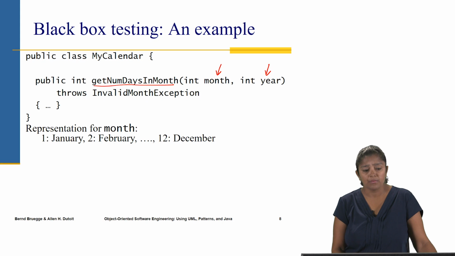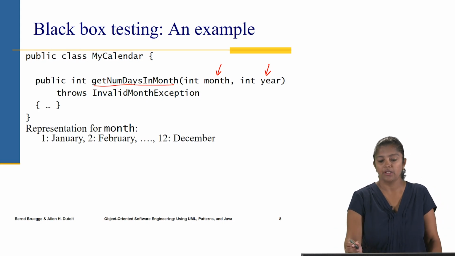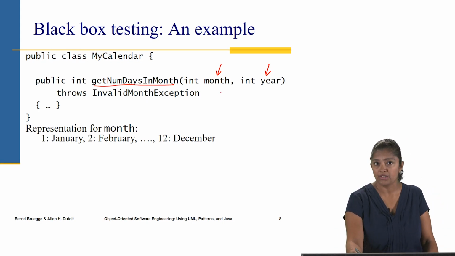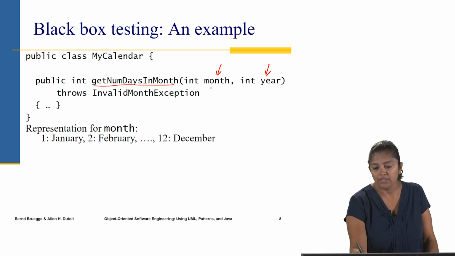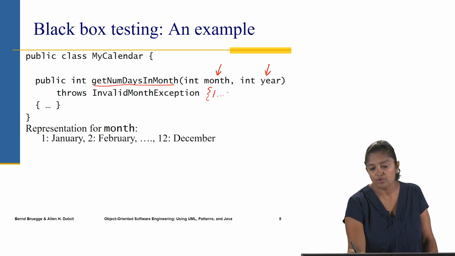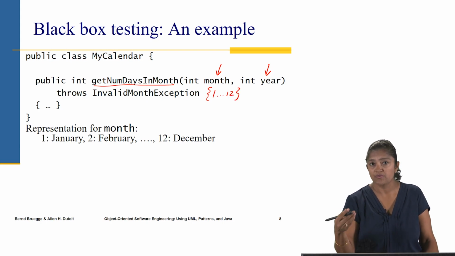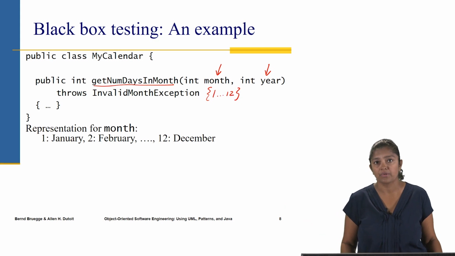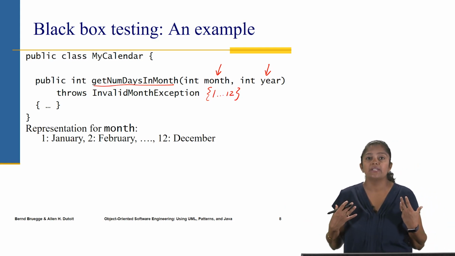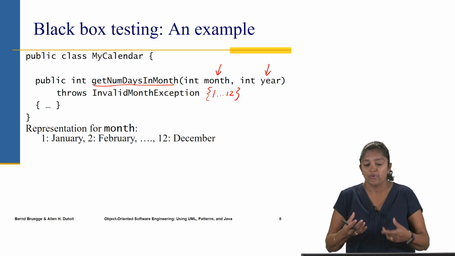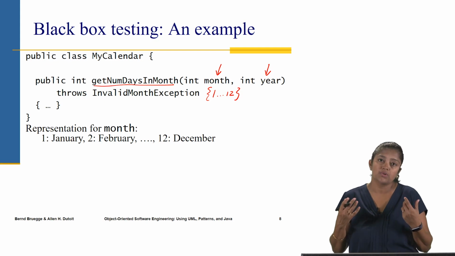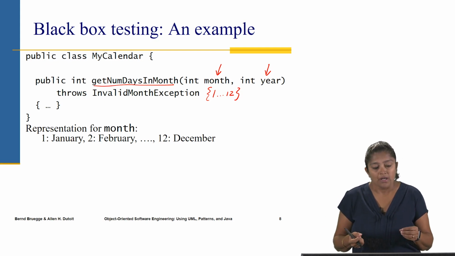To give you some more details about the representation, the month is taken in as an integer. The valid values would be the numbers from 1 through 12, because 1 represents January, 2 represents February, and so on, and 12 represents December. So the set of valid values for that first input, month, is this range 1 through 12.